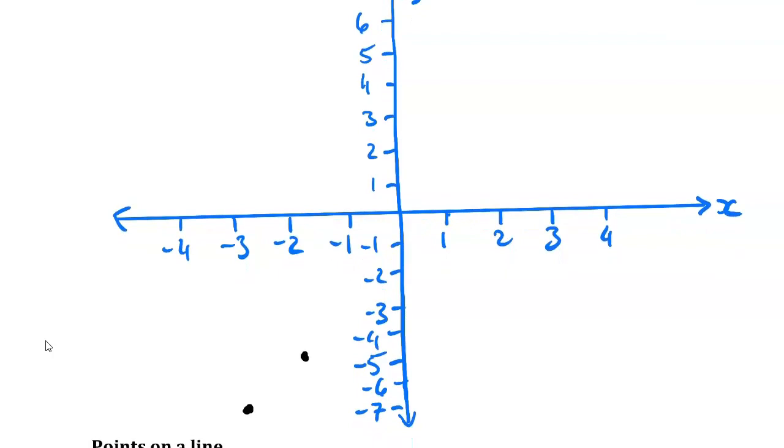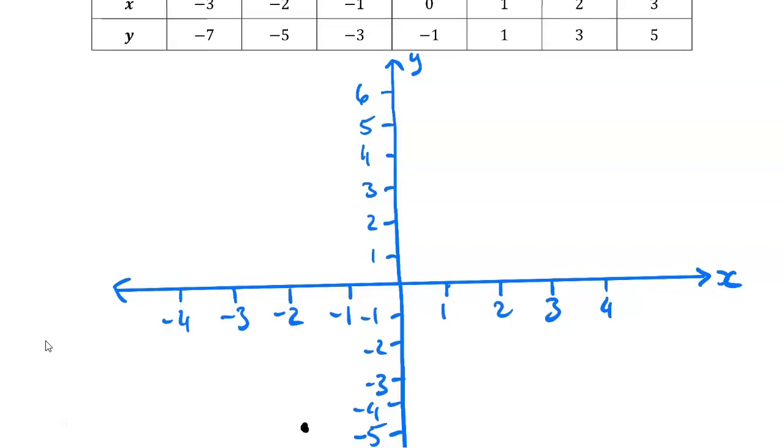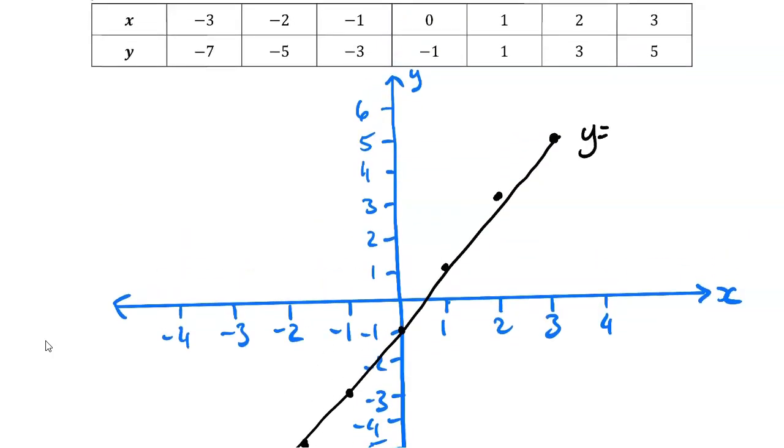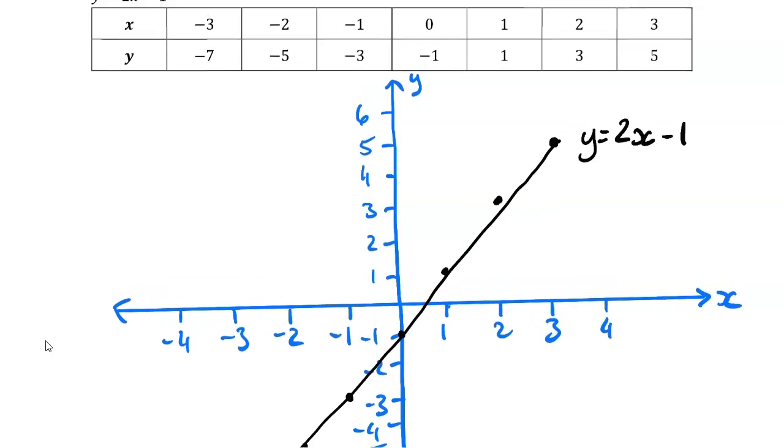So I've got that there. -1, -3 here. 0, -1 is on the line where x is equal to 0. 1, 1, it's about there. 2, 3 here, and 3, 5 there. That's not too bad. And then, yes, I write the equation next to it.